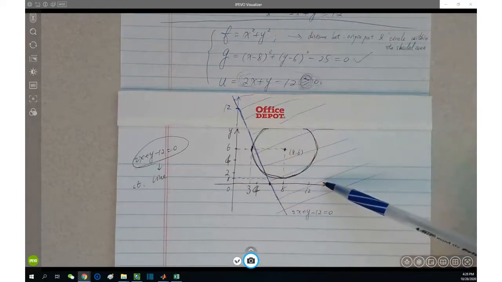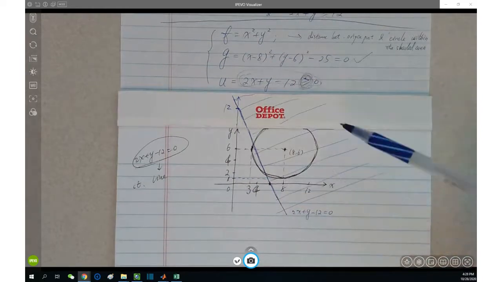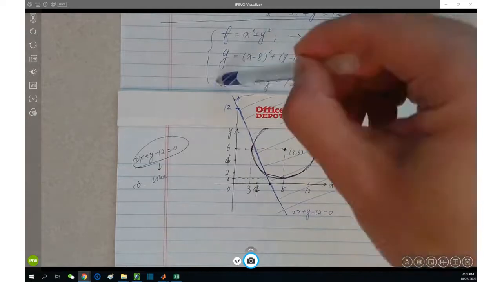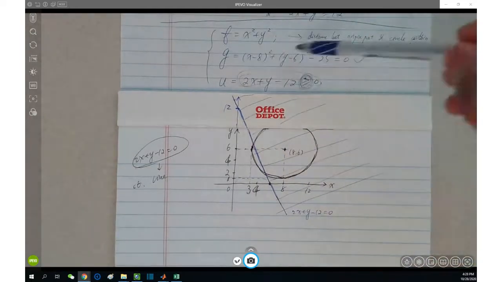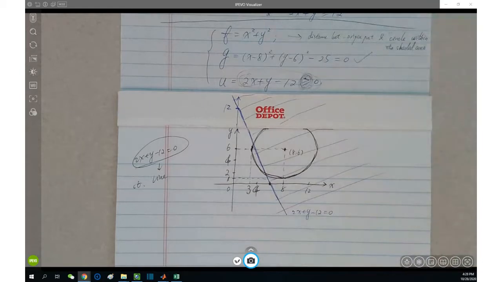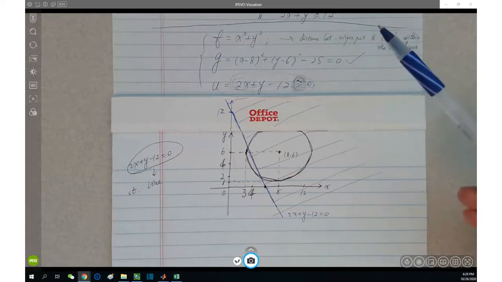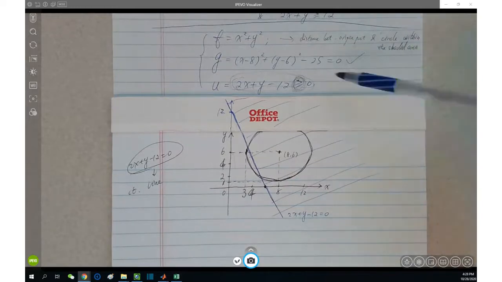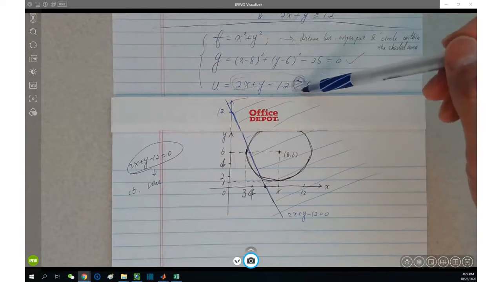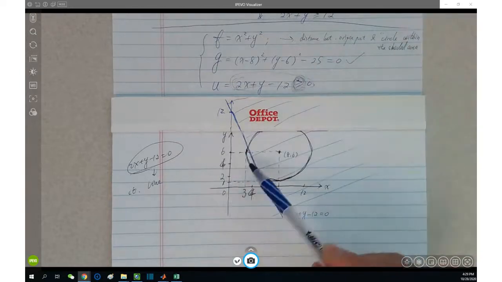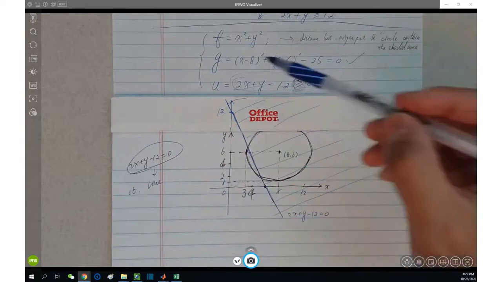It has nothing to do with the circle yet. The inequality constraint function itself is independent of any other constraint function. We just read the problem from here. If this is less than or equal to 0, then we are shading here. So it has nothing to do with the circle.